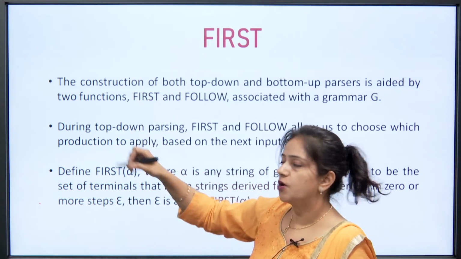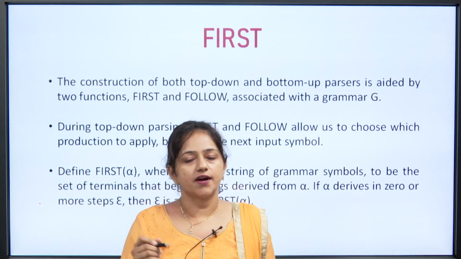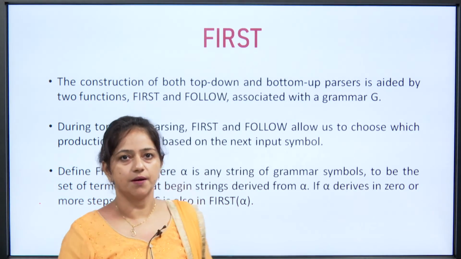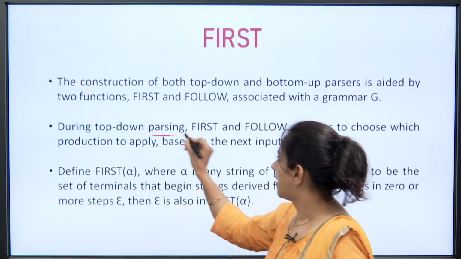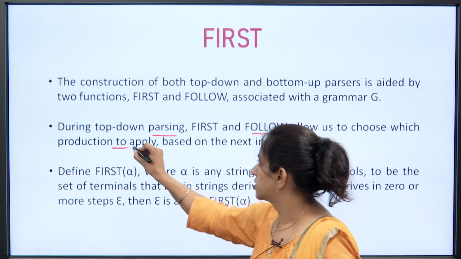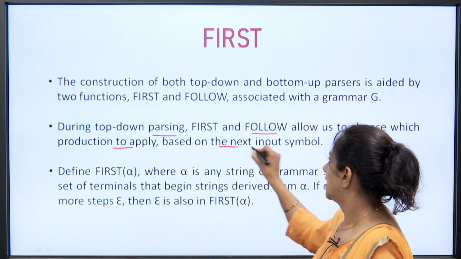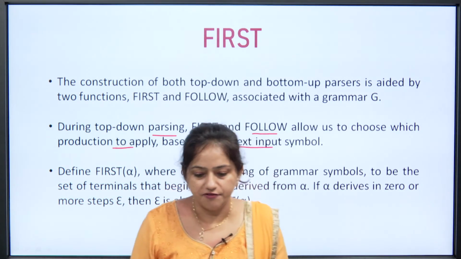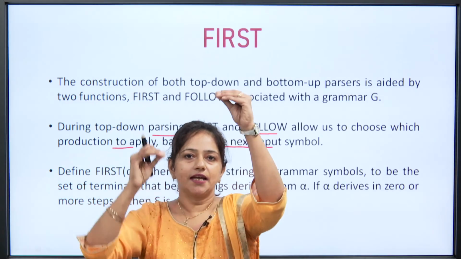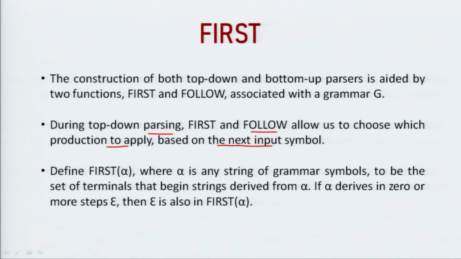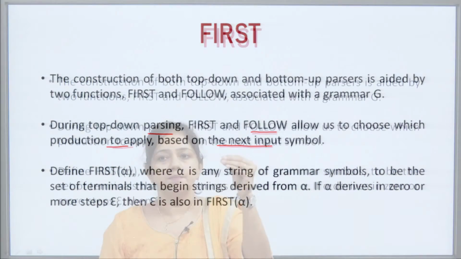The first function or the follow function are used when we do top down parsing or bottom up parsing. During top down parsing, first and follow allow us to choose which production to apply based on the next input symbol. In top down parsing we start from the start symbol of the grammar and expand until we reach the terminals.